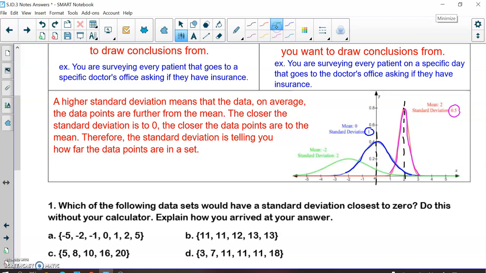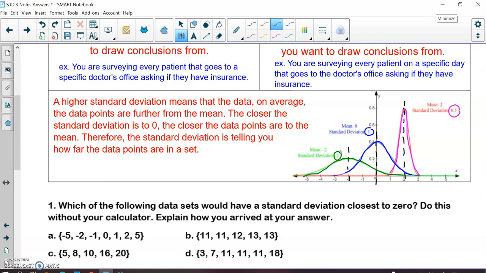And then lastly, my green bell-shaped curve, we can expect this to have an even higher standard deviation because it looks like on average the data values are further away from the mean, and so it does have a higher standard deviation.